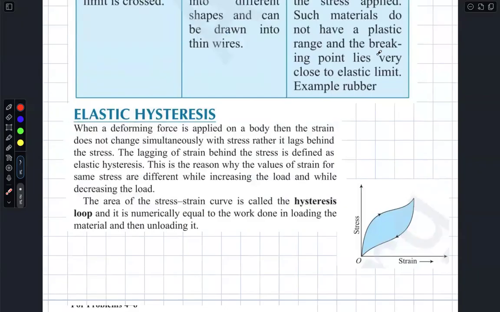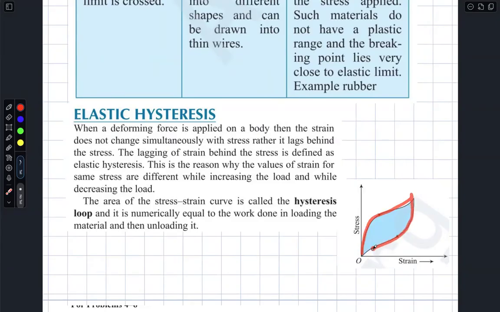There is another property, elastic hysteresis. Now you see, for a wire, I am following a stress strain graph. Say the graph followed a path till here. Now I am removing the load gradually.